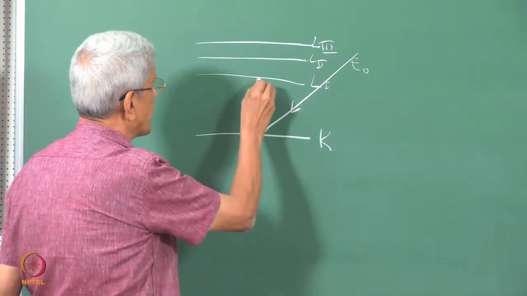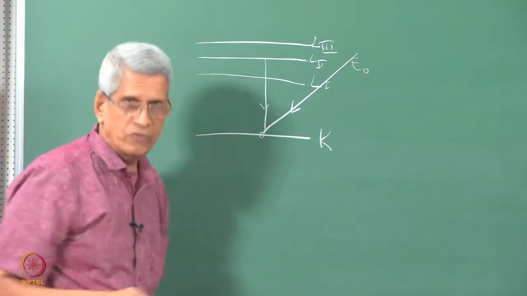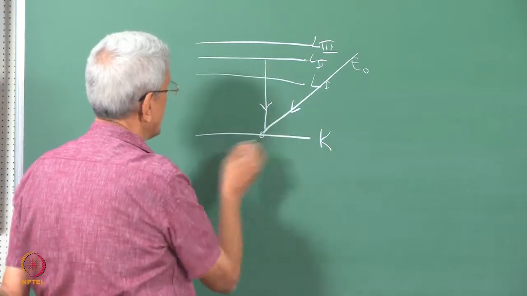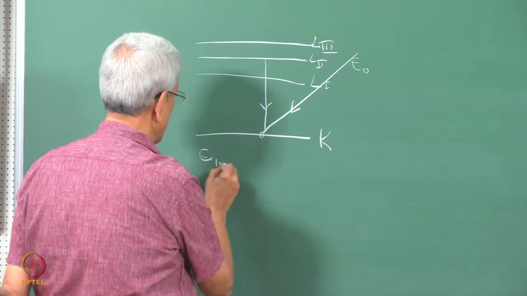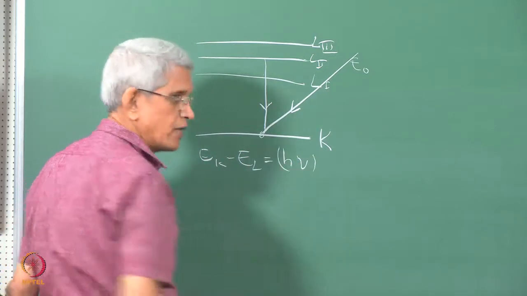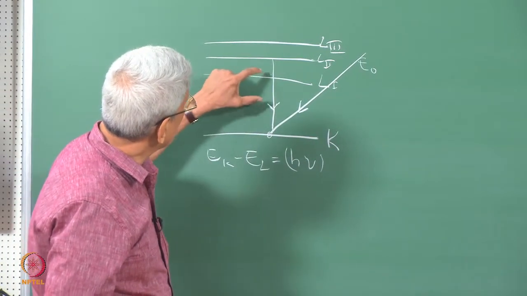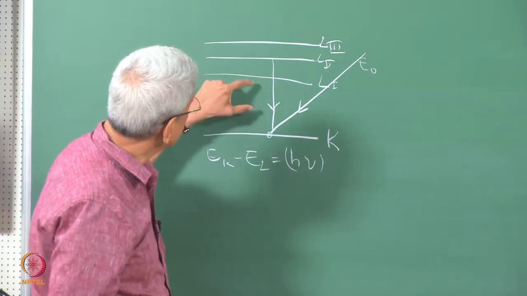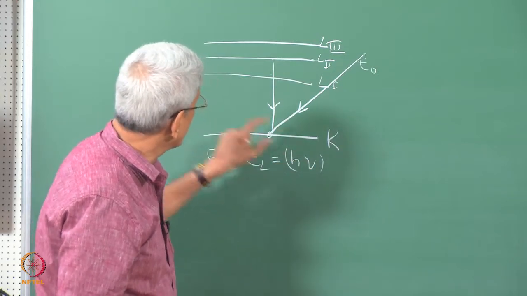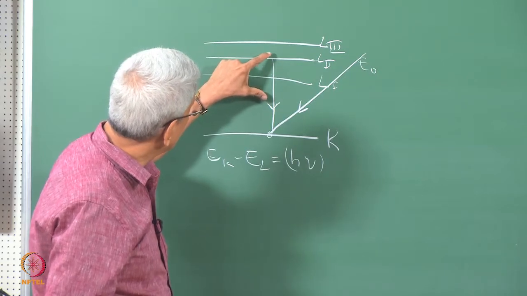When an electron has been knocked out, an electron from the L level could come down to fill this vacancy, and when this comes down, the difference in energy, Ek minus El, comes out in the form of an X-ray, which is h nu. Since the electrons moving in different levels have specific binding energies associated with them, the energy of this characteristic X-ray is fixed by this transition.